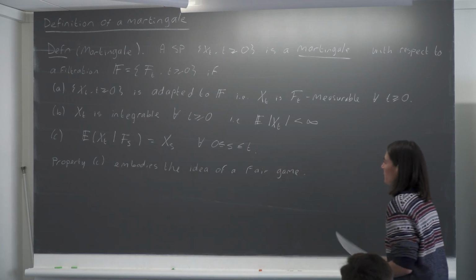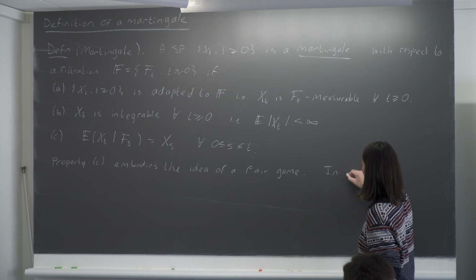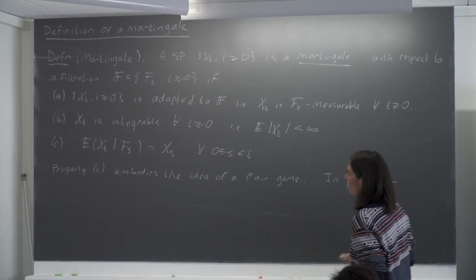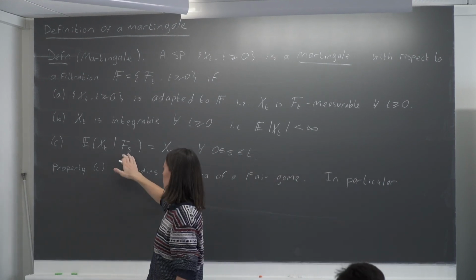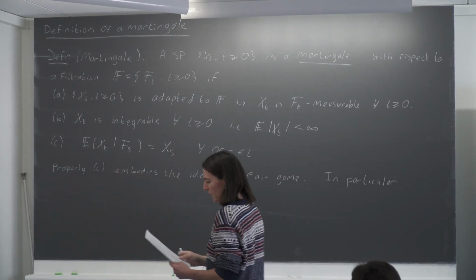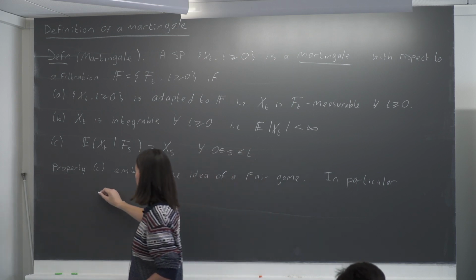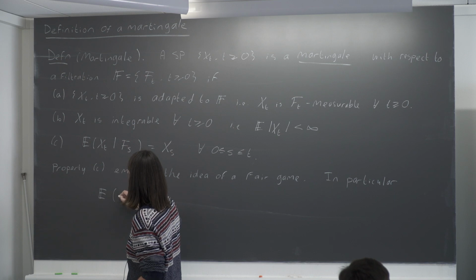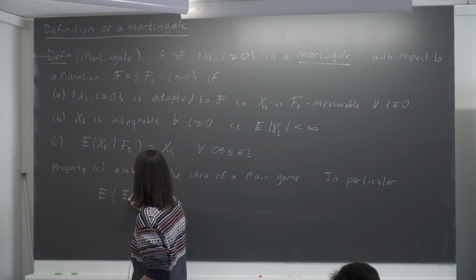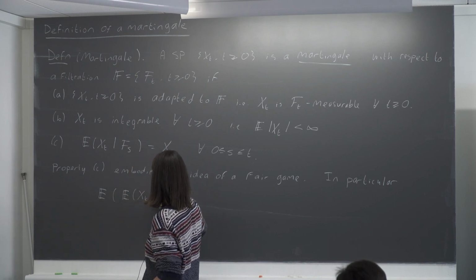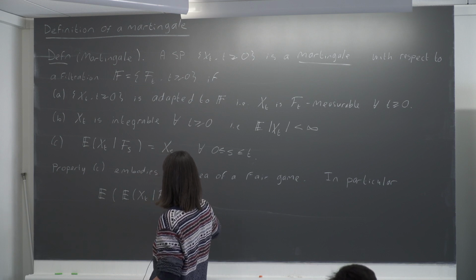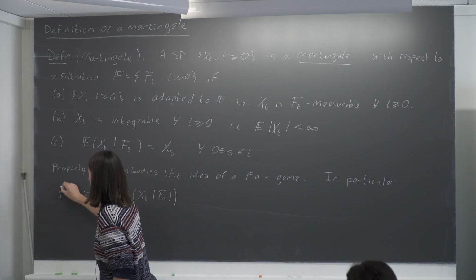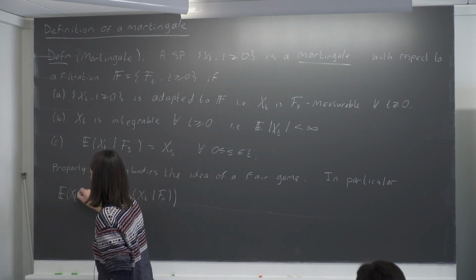And in particular, let's just set s equal to 0. Well, then we have, and use our Tower law. If we ask what's the expected value of the conditional expectation of Xt conditional on F0, well, that's just equal to the expected value of Xt.